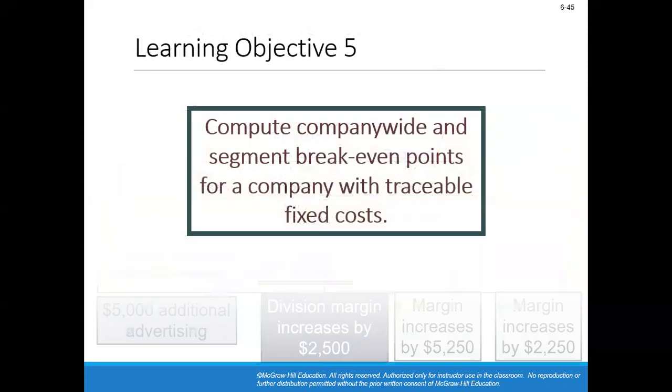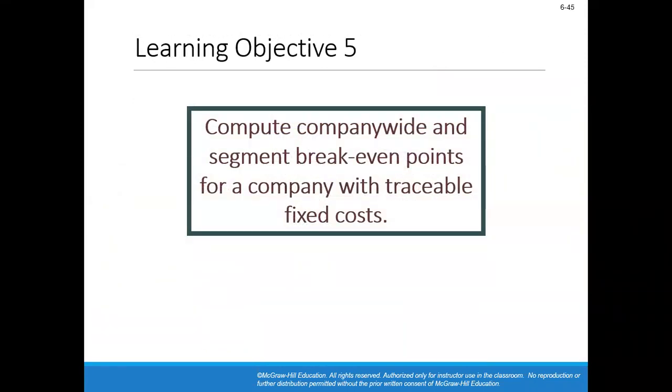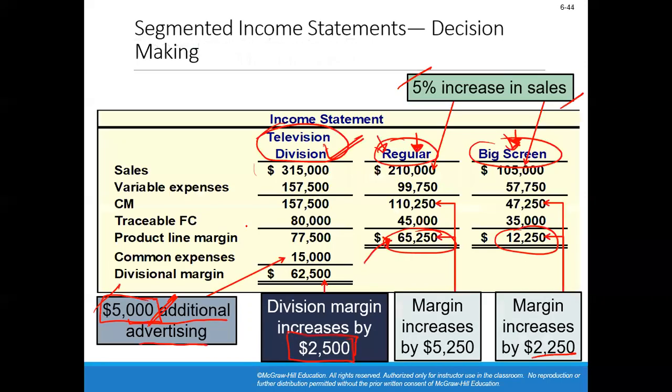Okay. Now we'd like to use our learning to see how it is possible to determine the break-even volume or break-even point for the segments or company-wide. For example, you'd like to think of the break-even for the television division as a whole. You'd like to determine the break-even point for the regular TV, and for the big screen.